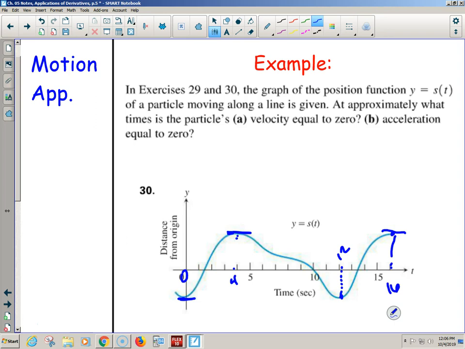Second derivative equals 0. Hopefully not 8, because that doesn't look right. Okay, we got those.